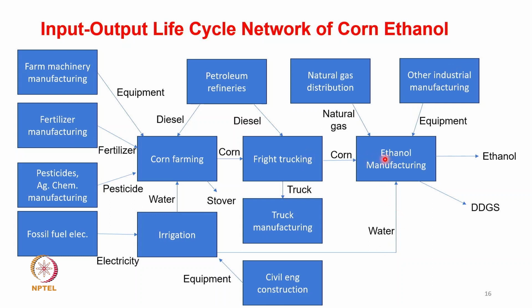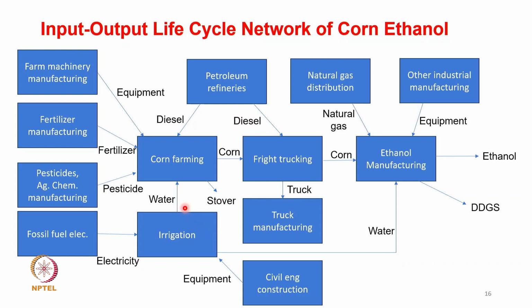Corn is transported here by freight trucking, which requires petroleum resources, especially diesel, for running your truck. You also have to consider manufacturing the truck, and corn typically comes from corn farming, which requires energy intensive production of equipment, fertilizer, pesticides and water.